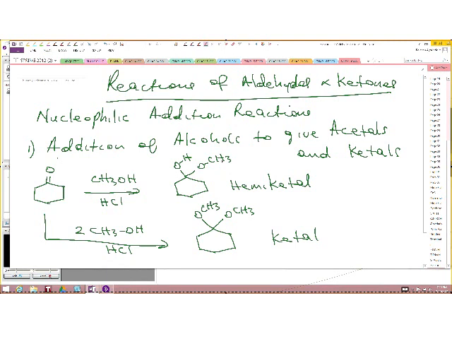Now this ketal here, under dilute acid condition, if I take the ketal, I add dilute acid here, what does it do? It will break down back to the ketone and the alcohol.